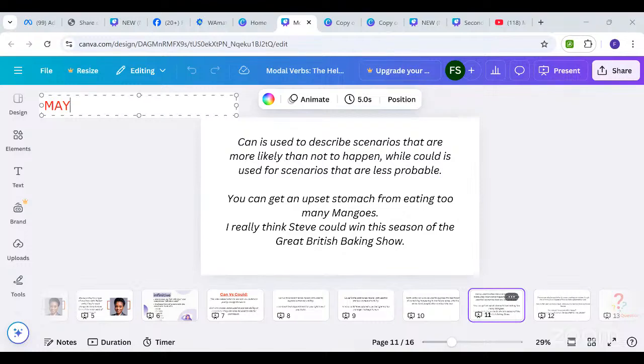So it's likely. So I would say they may come to the office tomorrow. But if it is unlikely, perhaps I had put a call through and maybe they didn't answer the call, or the person who answered the call didn't sound certain. That is unlikely. Then I would say they might. So both are correct. It depends on what you're trying to say.